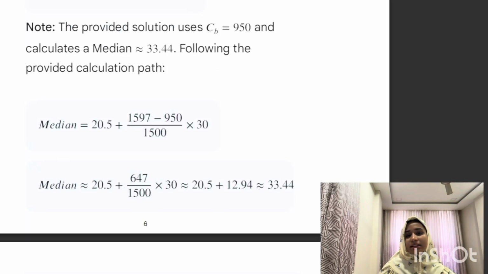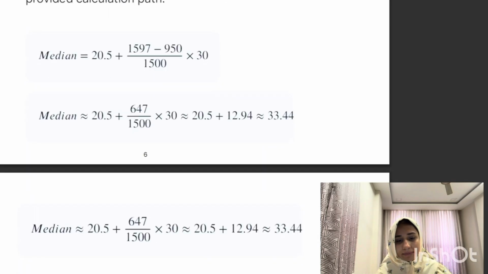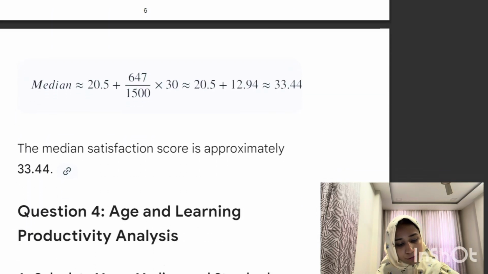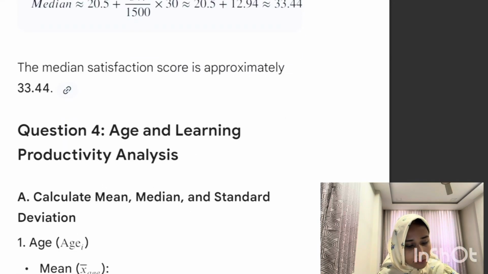So the median satisfaction score is approximately 33.44. So we found the median, and this is the completion of question number 3.